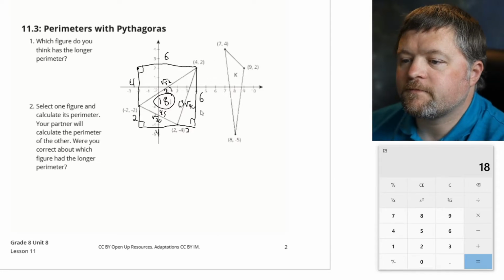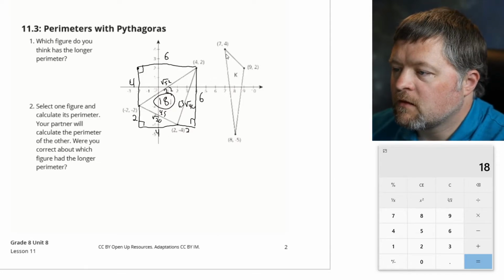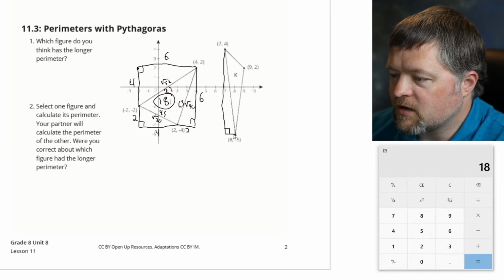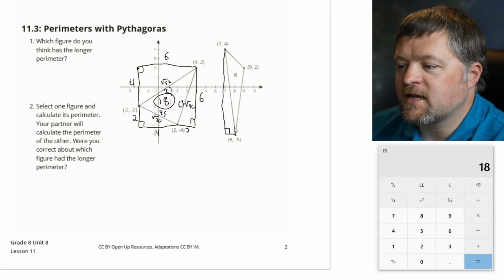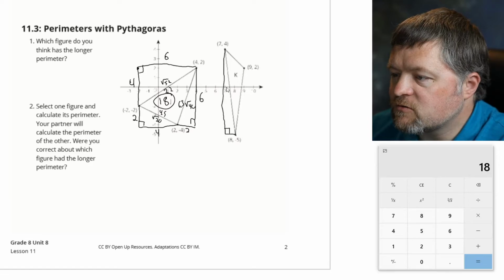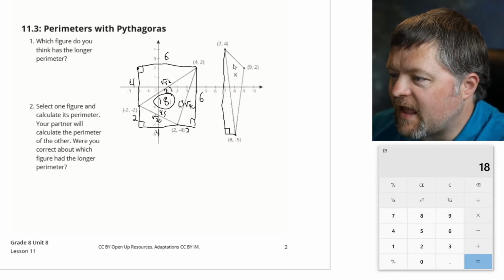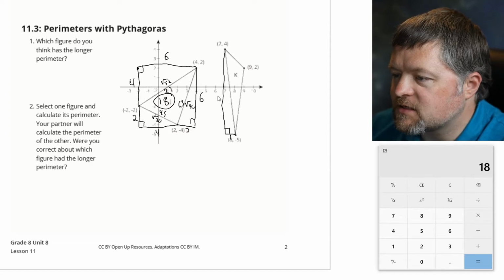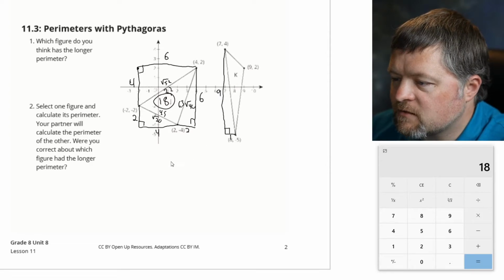Now, another one here. Let's try and work our way through this. We're going to need right triangles again. This one goes from 7 to 8. So the x change is only 1. And y, we go from -5 to +4. That's 9.